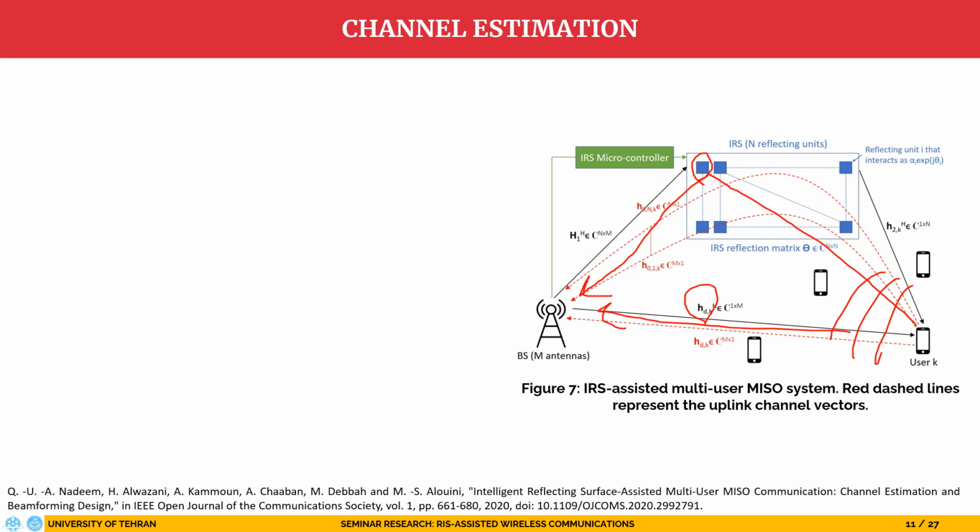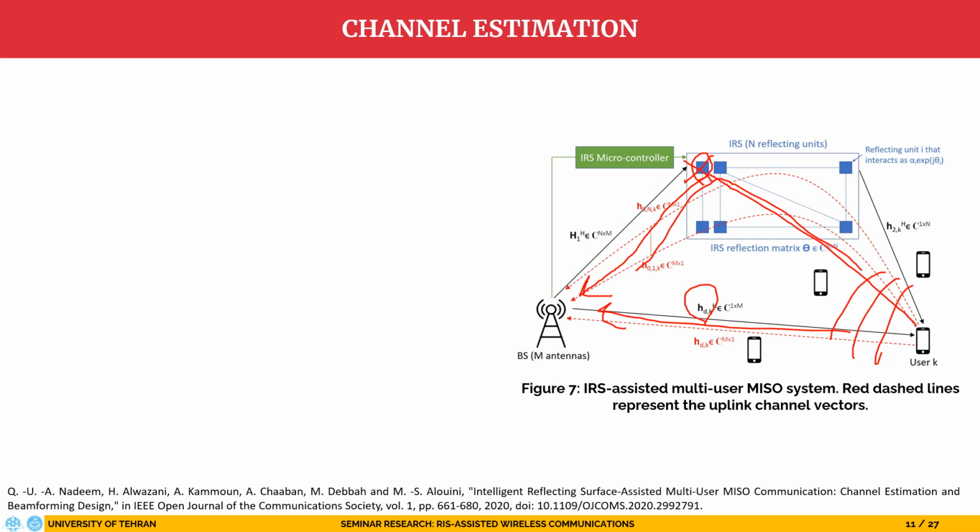By having H_DK, this cascaded channel can also be calculated with conventional channel estimation techniques such as LS and MMSE, by subtracting the effect of the direct channel. So this channel is estimated.